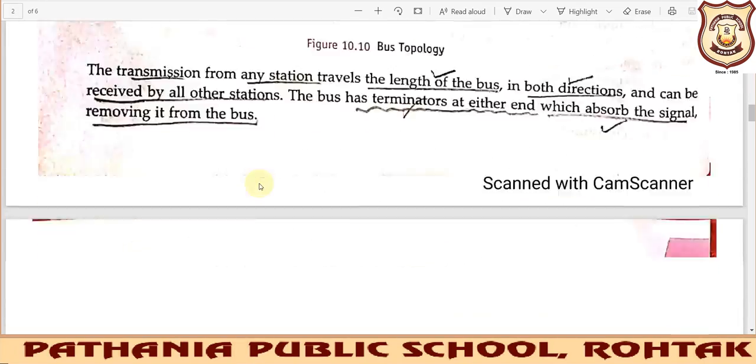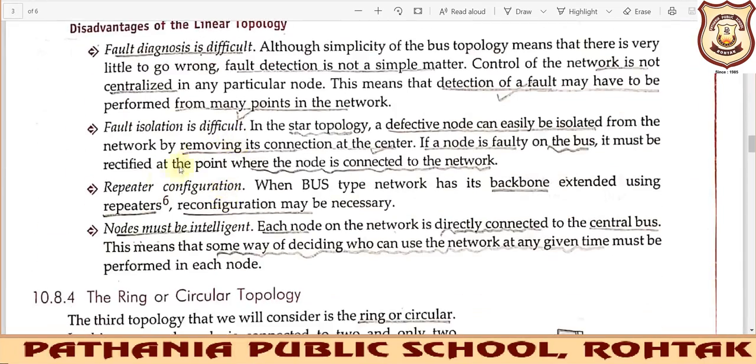Okay, and one more is repeater configuration. Sometimes if the length of the bus topology is too long, at that time we need repeaters. Now what are repeaters? Repeaters are just like amplifiers that repeat your signals. As we are transmitting data from here to here, if the distance is long, the quality of the signal will be degraded because of interference in the medium.